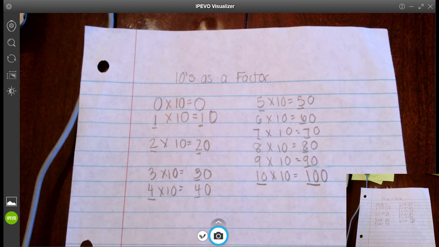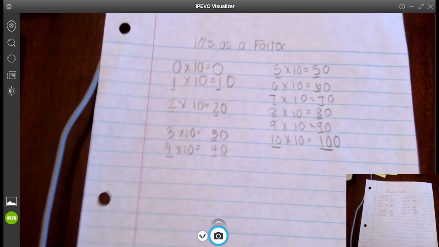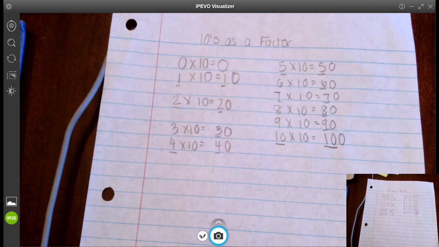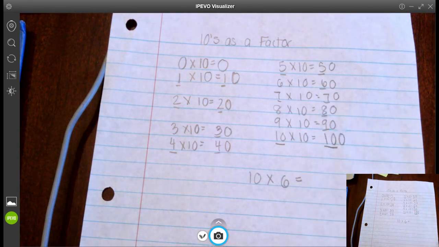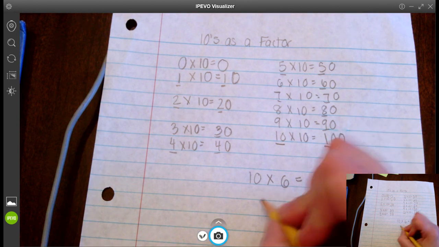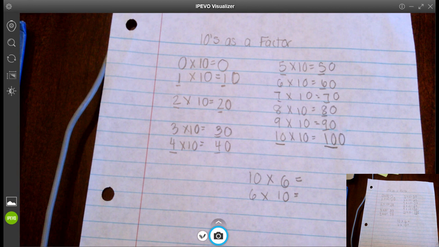So let's look at an example. Let's say that I have 10 times 6, okay? Or we could say 6 times 10, because remember, it is the commutative property.